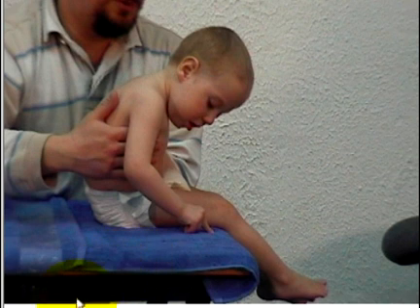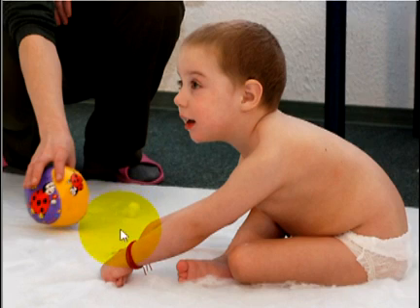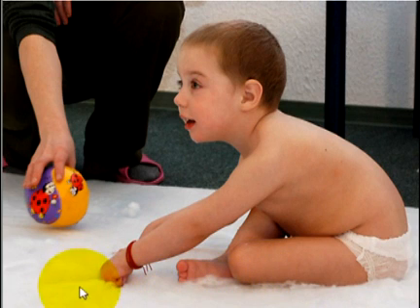We couldn't effectively bend them. We didn't have enough of the outwards rotation to allow for that position. And only 18 months into the process, we were able to see that this boy finally achieved the tailor sitting position. However, let's look at the details.